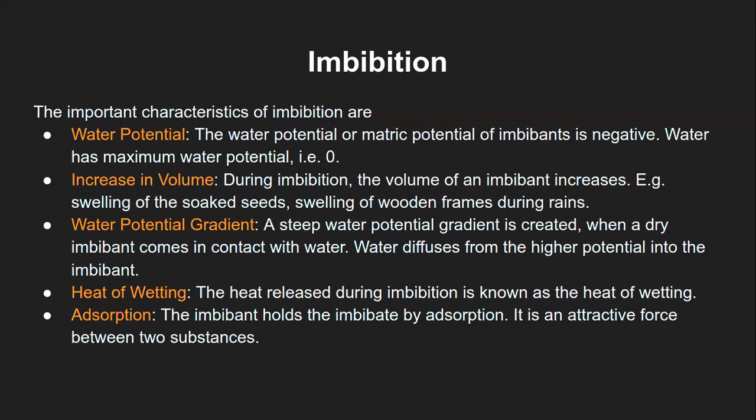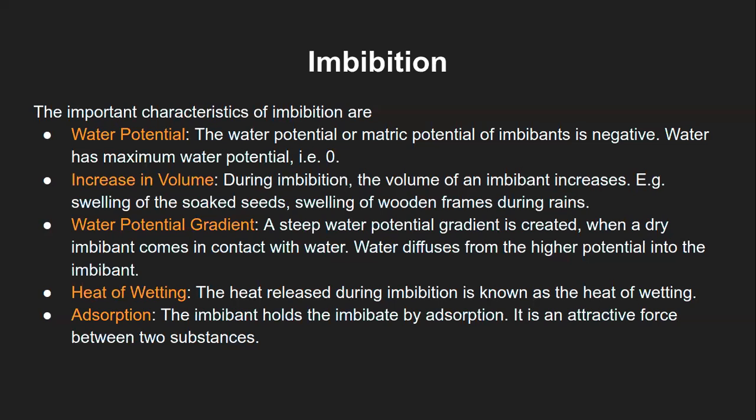Heat of wetting. Now in this wetting process, the heat released during imbibition is what is known as the heat of wetting. For example, you take a seed and it will usually have a certain enthalpy. Enthalpy is the heat content.